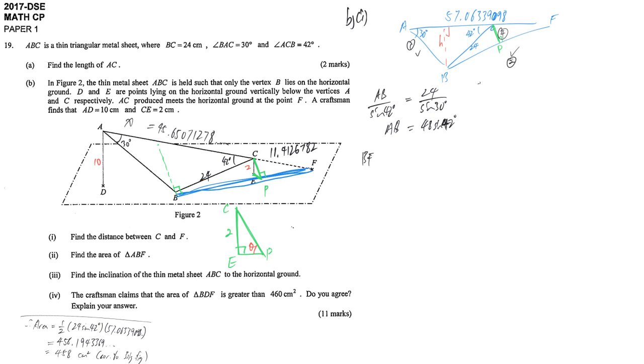So BF squared is equal to AB squared... And then we square root it, we get BF is 33.36690449. And then we finished 2 steps already.